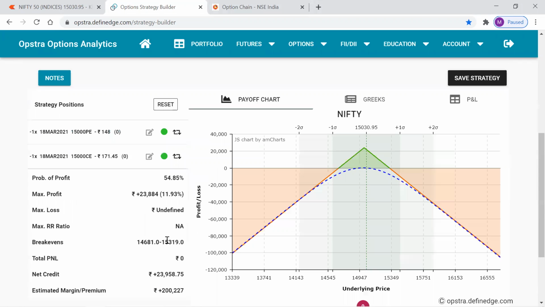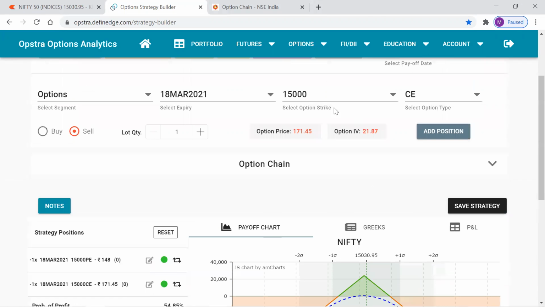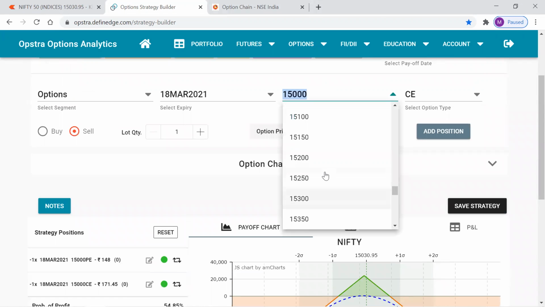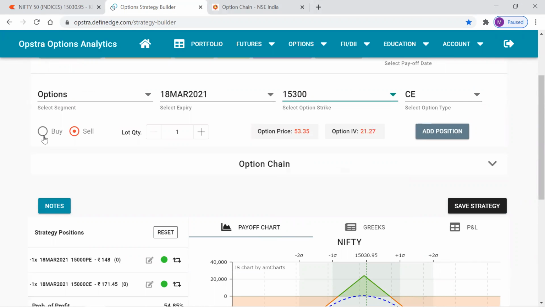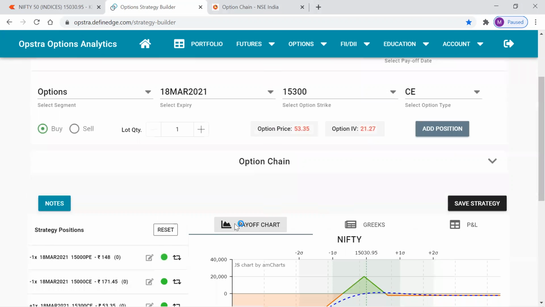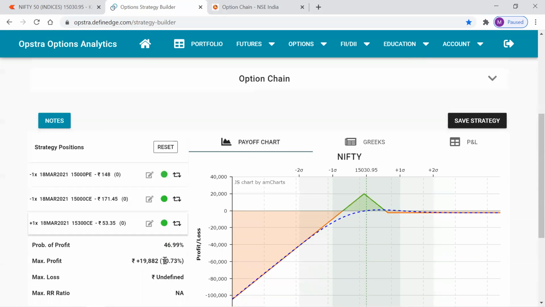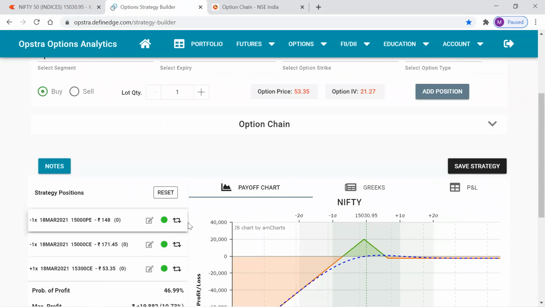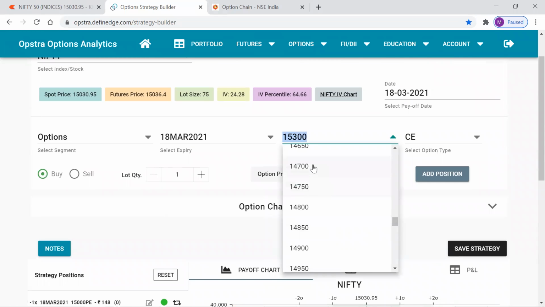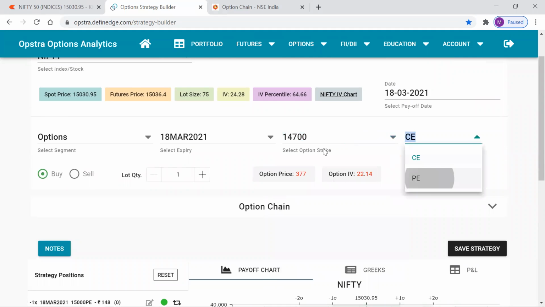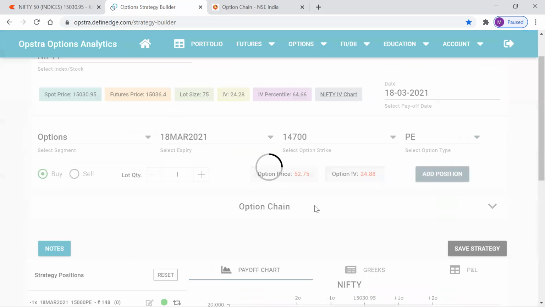For the upper break even, which is 15,300, I'll buy the call. For the lower break even, which is 14,700, I'll select put. Then I'll be buying.